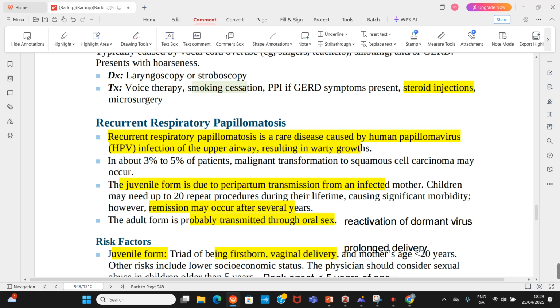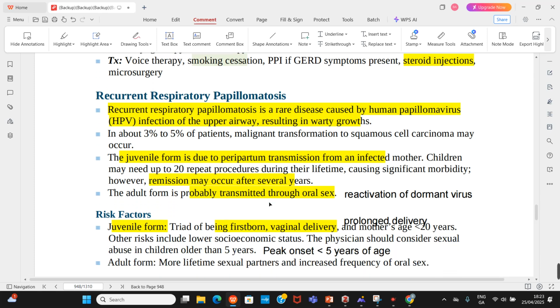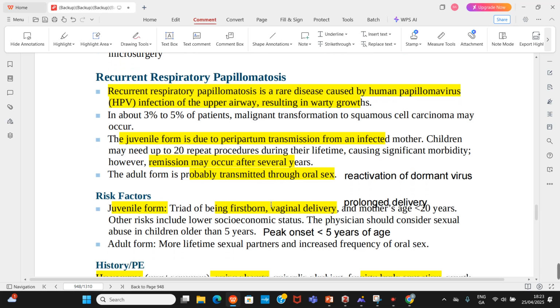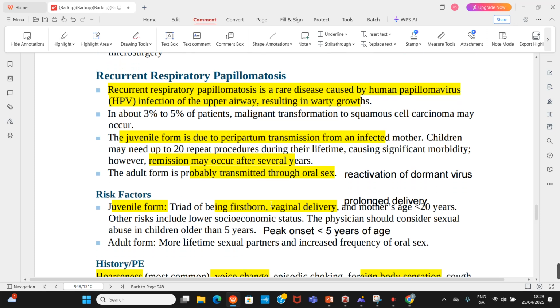So recurrent respiratory papillomatosis is very important. This is caused by HPV, especially types 6 and 11. It can be transmitted, not very commonly, from the mother to the child.